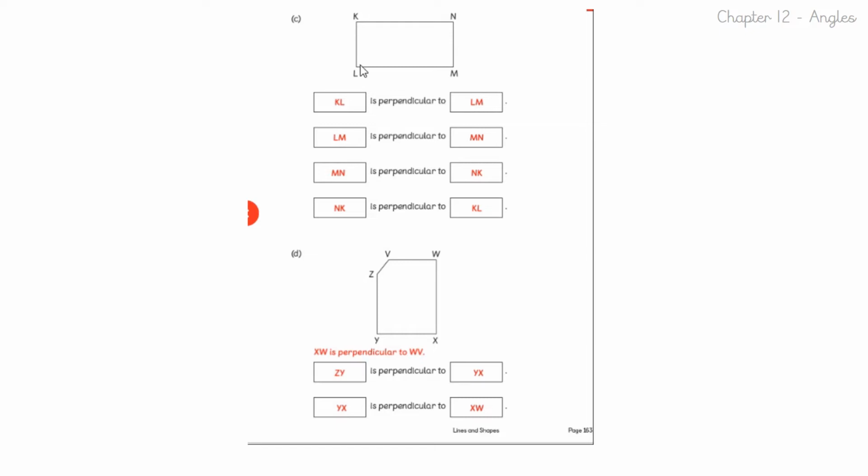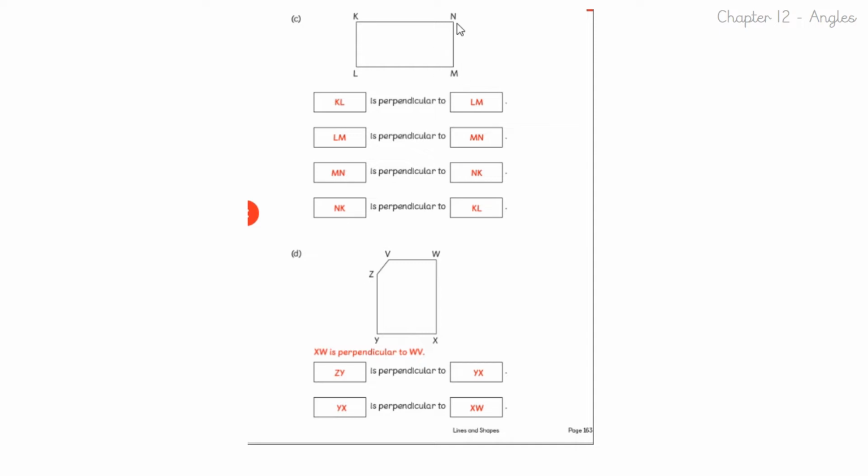KL is perpendicular to LM because they make a right angle here. Please mark the right angles, and that way you will see the lines easily. LM is perpendicular to MN because they meet at a point and make a right angle here.